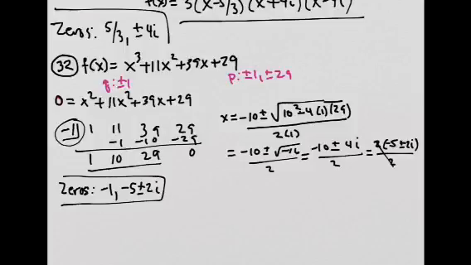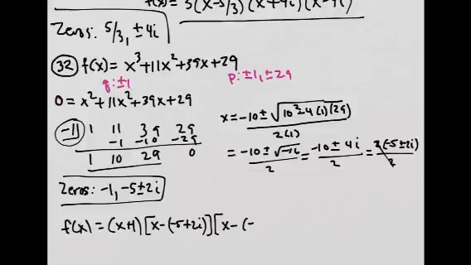Now to write this in factored form, as a linear factor form, you would put f of x equals x plus 1 and then x minus negative 5 plus 2i times x minus negative 5 minus 2i.